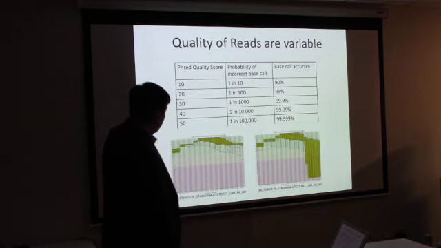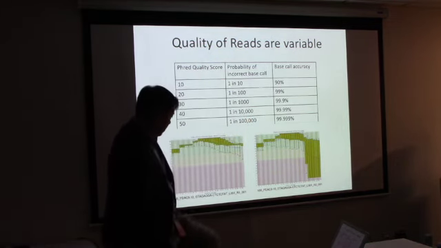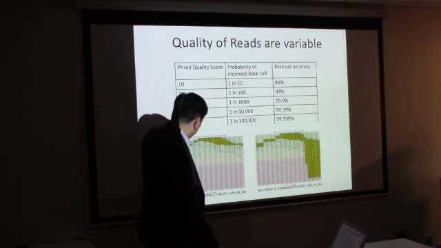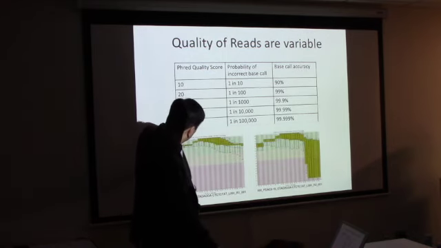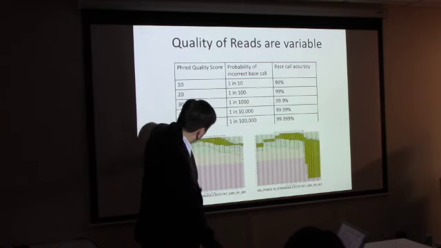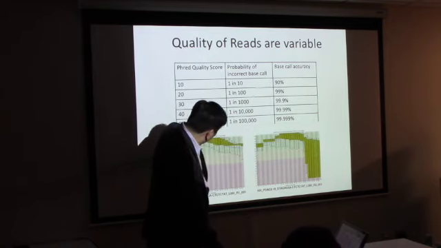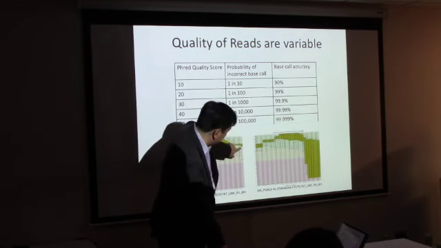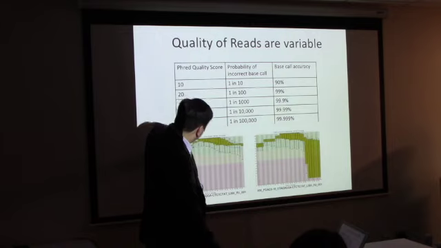This is a typical read from single cell data. In this sample, green is basically a good Phred score. As the sequencing goes on from the beginning to the end, so this is about 100 base pairs, it usually does this kind of thing.